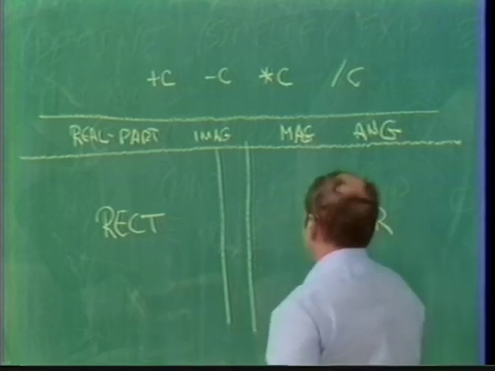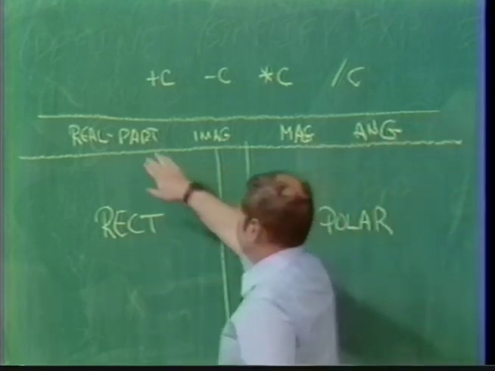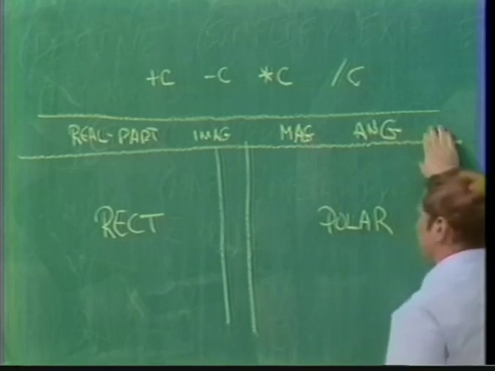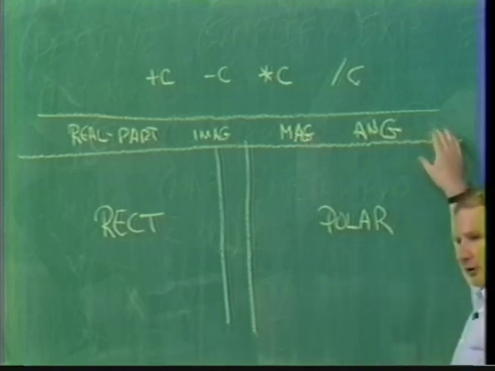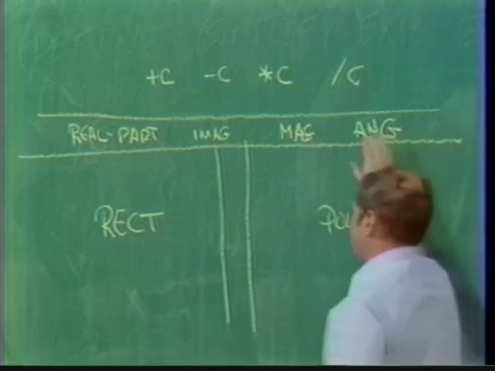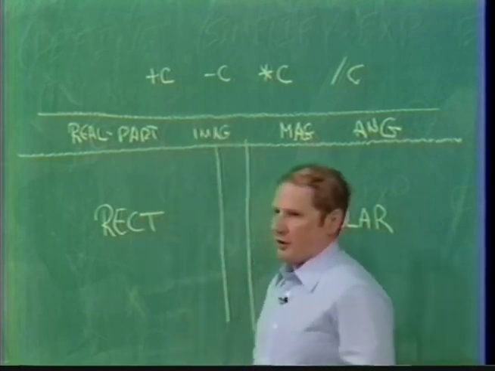And the idea is that the things in here, real part, imaginary part, magnitude, and angle, will be generic operators. If you ask for the real part, it will worry about what representation it's looking at.